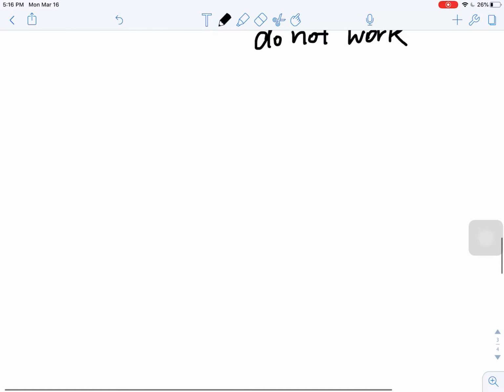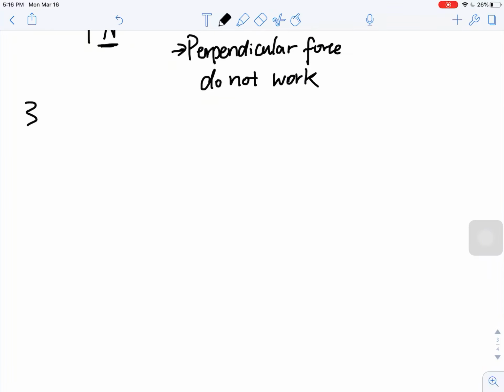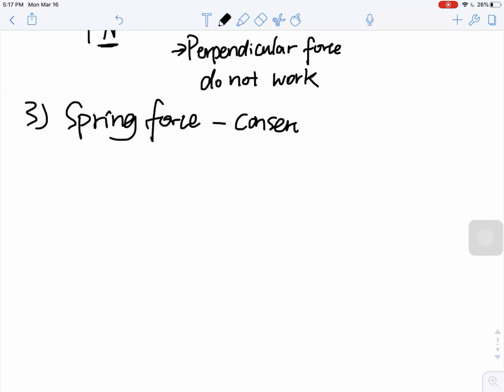Next, I have one more force to introduce: the spring force. The spring force is also a conservative force.